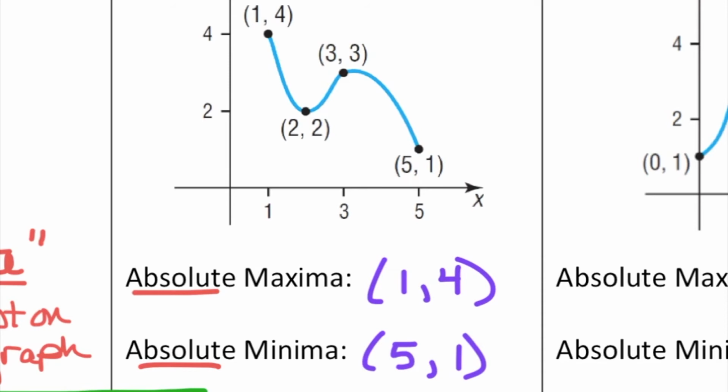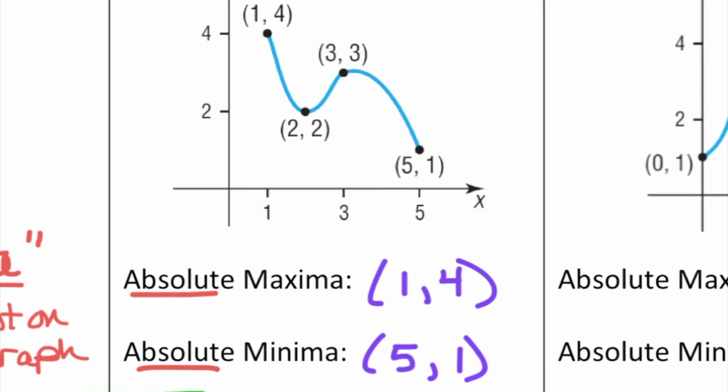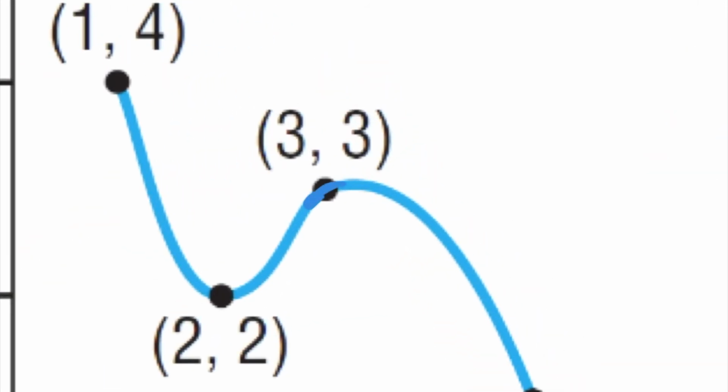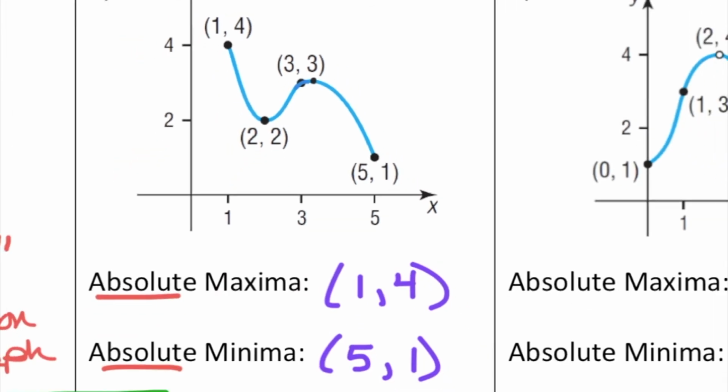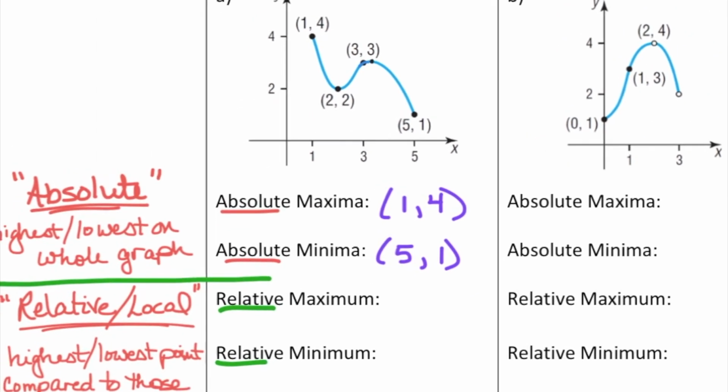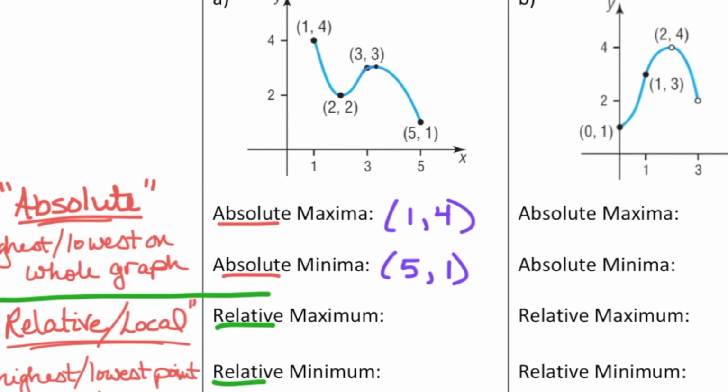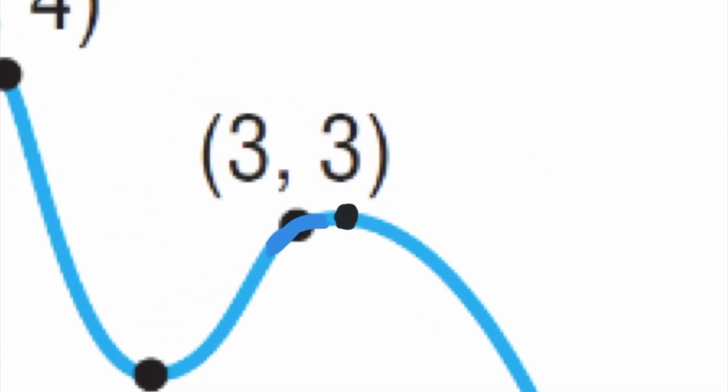Absolute highest, absolute lowest. Now, that 0.33, pretend like, I'm going to alter this for a second. Pretend like it's actually, I'm going to move that point right here. It'll be easier for me to talk about if it's accurate. So the relative maximum here at 3,3 has points on the left and on the right.